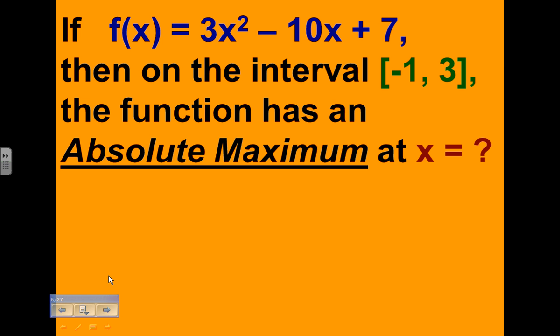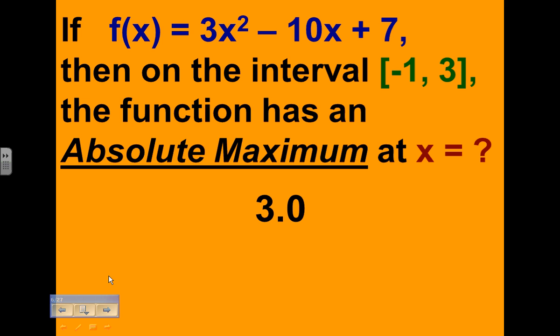So the absolute maximum occurs at the endpoint when x is negative 1 and y is 20. Those are the three things you do on a closed interval: calculate the endpoints, find where the derivative equals 0 or is undefined, and then compare the y values.